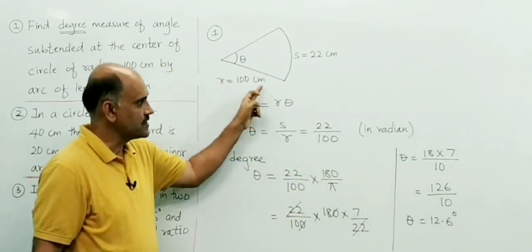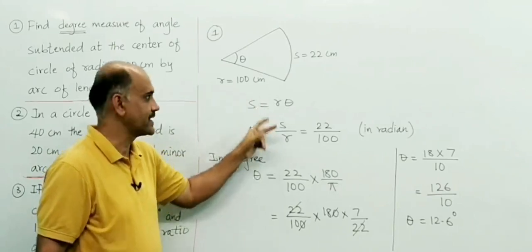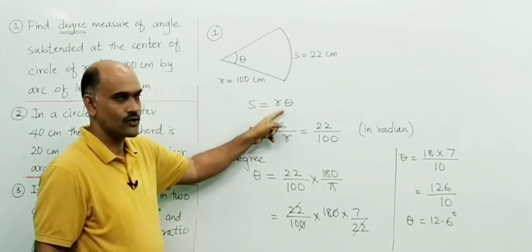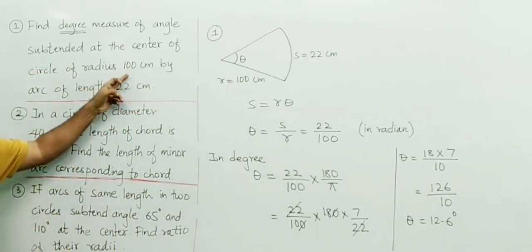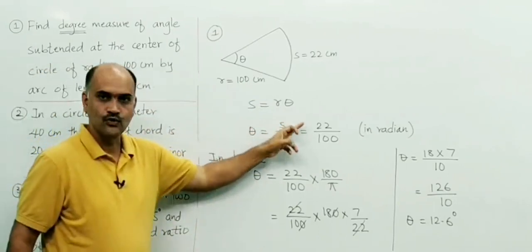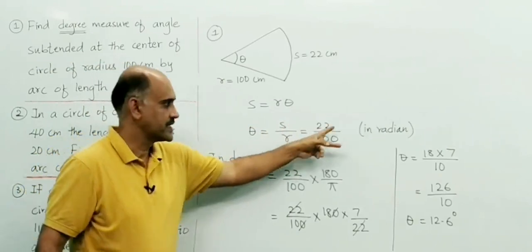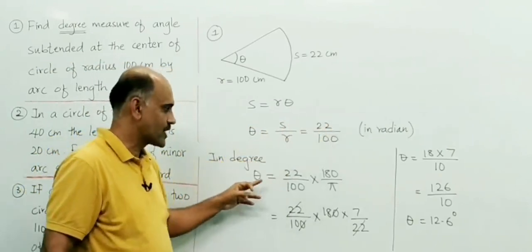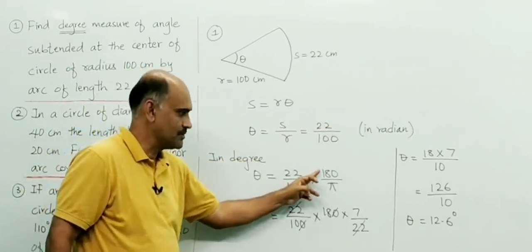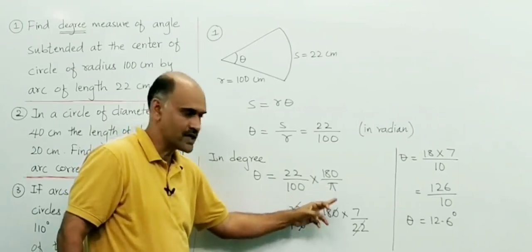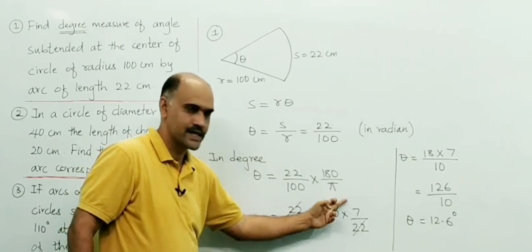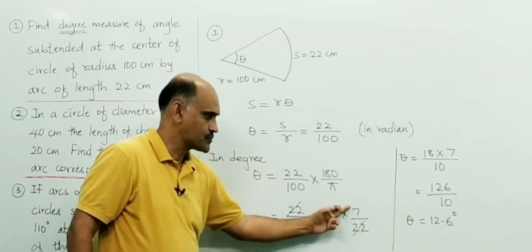So first here you are getting it in radian, that is S is equal to R theta. S is 22, R is 100. So 22 by 100, it is in radian. To convert it to degree, what I have done? Multiply by 180 by pi. This pi I have taken as 22 by 7, so that 7 goes to the numerator.